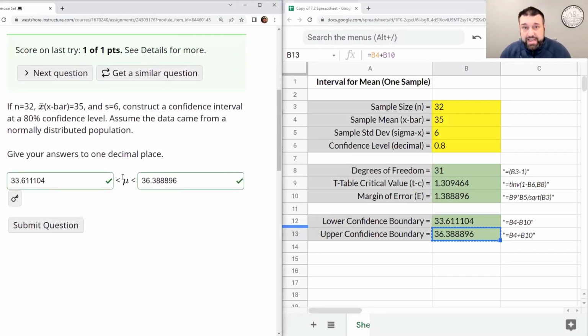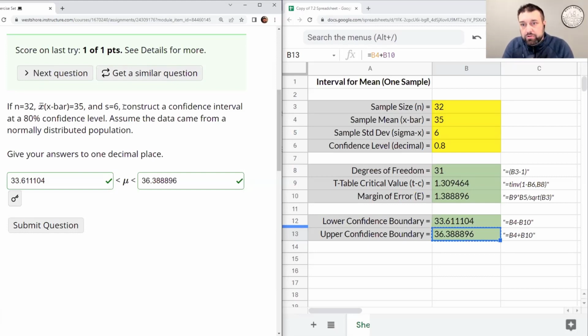So for this data set of 32 items with a mean of 35 and a standard deviation of 6, we could say, remember, this is a sample. This is a sample of trees from the Manistee National Forest. And we are saying that we are 80% confident that the height of all the trees for the whole population is in between 33.6 and 36.4.